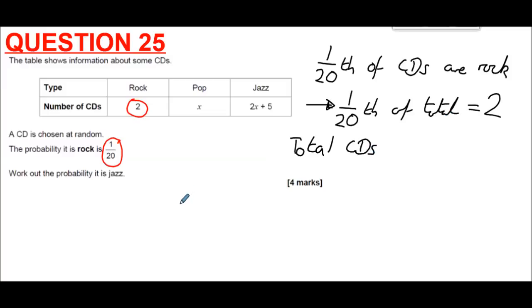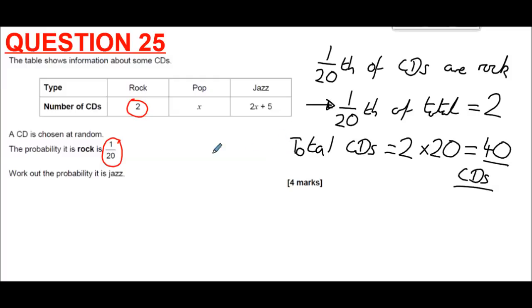Well, 2 halves make a whole, 3/3, 4 quarters. In the same way, 20 20ths would make the full amount. And so we need to do 2 multiplied by 20. 2 times 20 is 40. So we've got 40 CDs altogether.